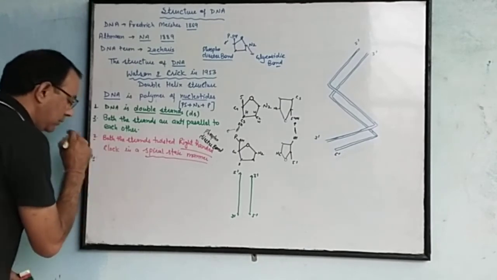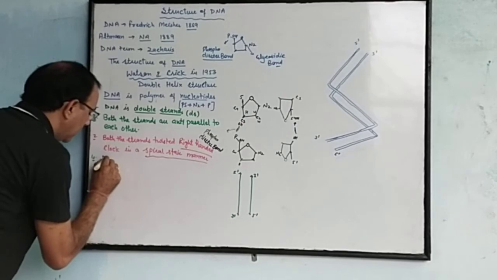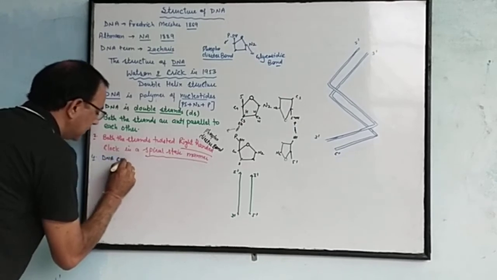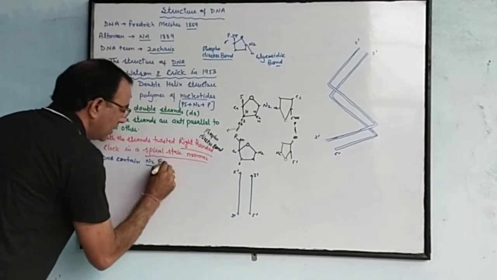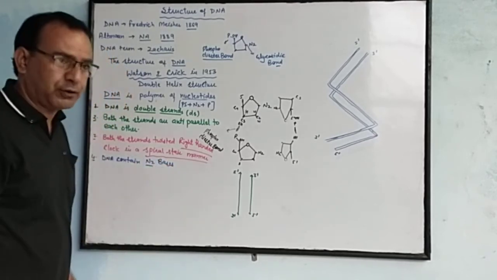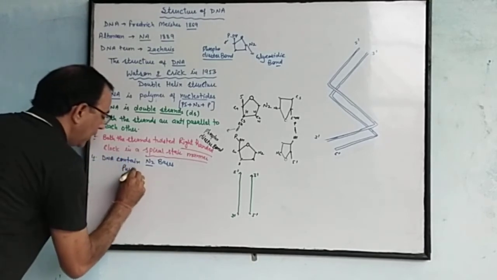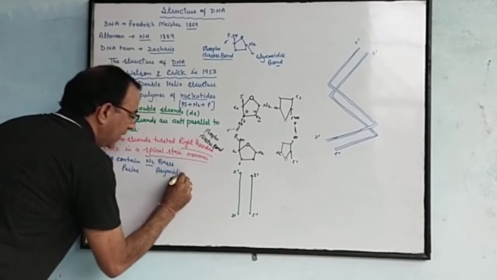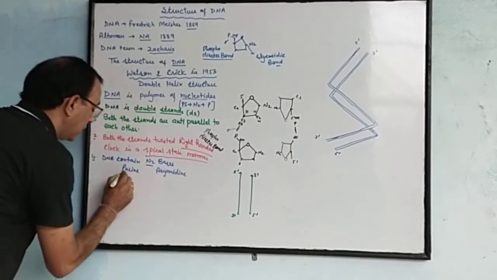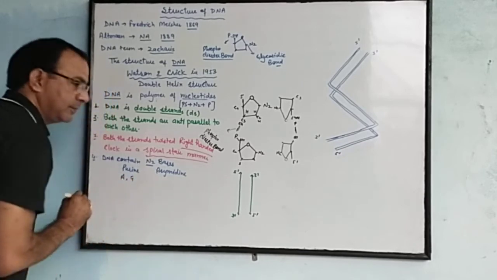The fourth one is that DNA contains nitrogen bases, and there are two types of nitrogen bases: purine and pyrimidine. In DNA, the purines are adenine and guanine.